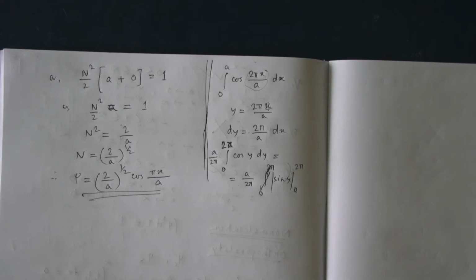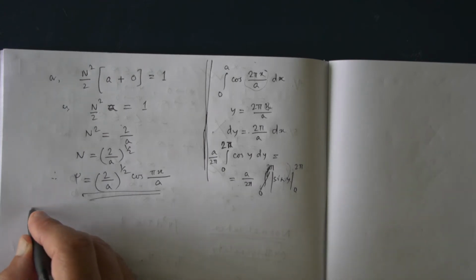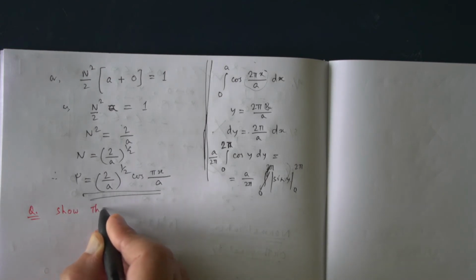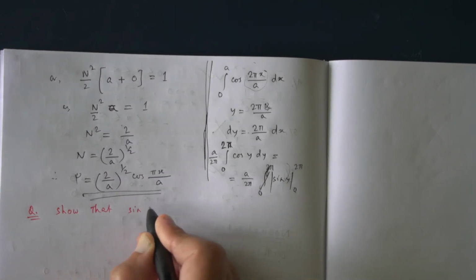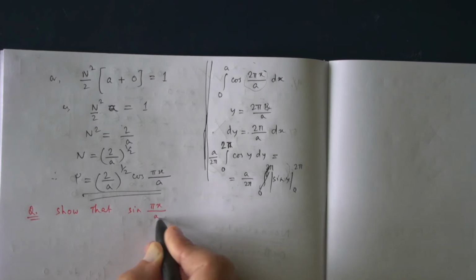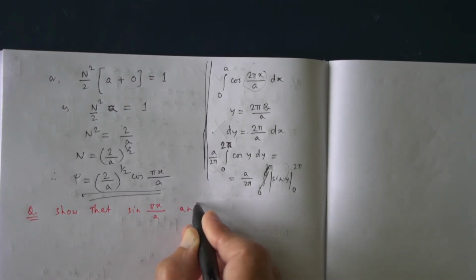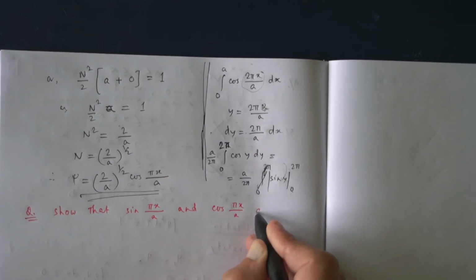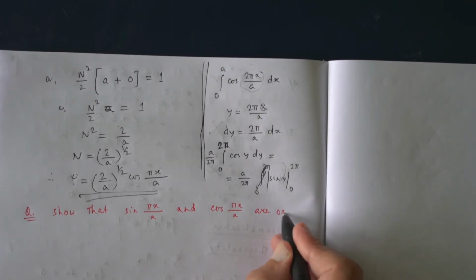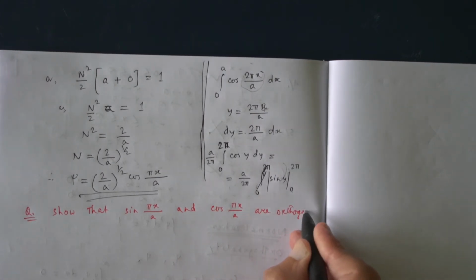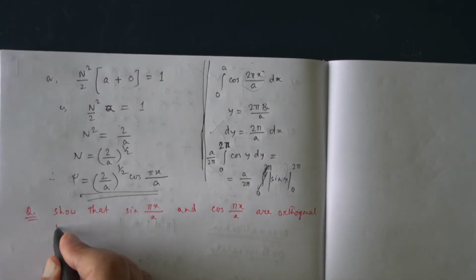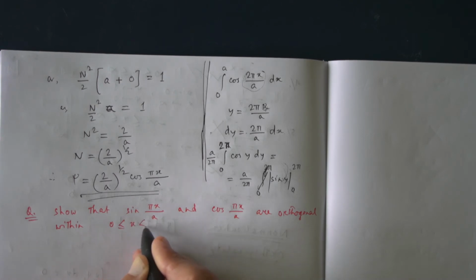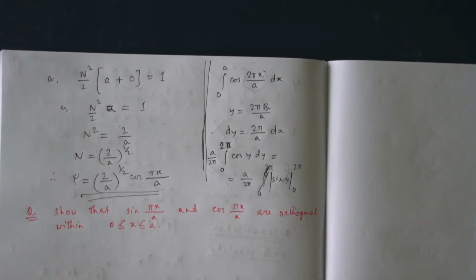Show that sin pi x by a and cos pi x by a are orthogonal within the limit 0 to a. So we have to prove this.